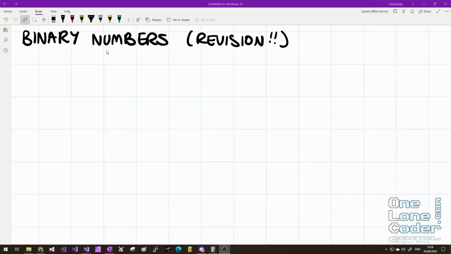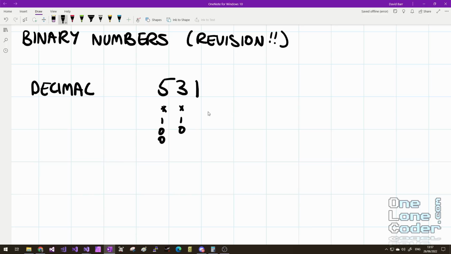Before we can start investigating alternative storage formats for numbers, let's just do a little bit of revision on arithmetic with binary numbers. In decimal land, the number 531 is represented as 5 times 100s, 3 times tens, and 1 times units.